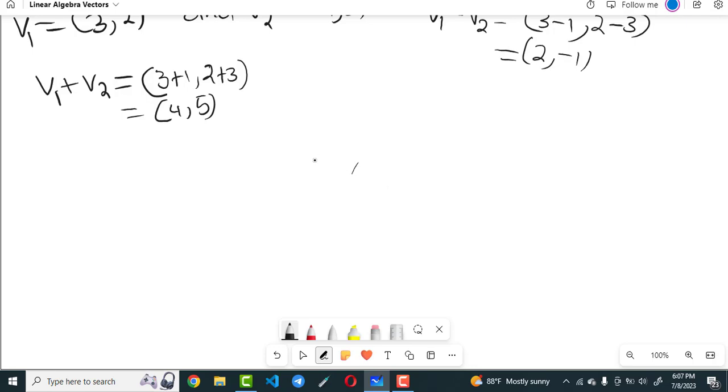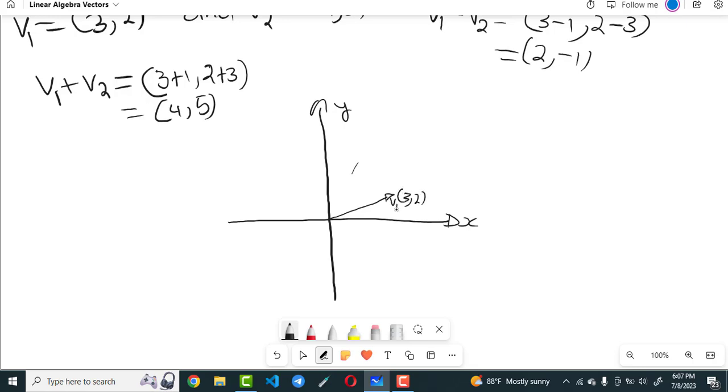So if we are to plot this graph, for example, for addition, we need to represent this on a graph. We are saying this is x, this is y. Assuming this point is our position vector v1 with coordinates 3 and 2, and this is our position vector v2 with coordinates 1 and 3.